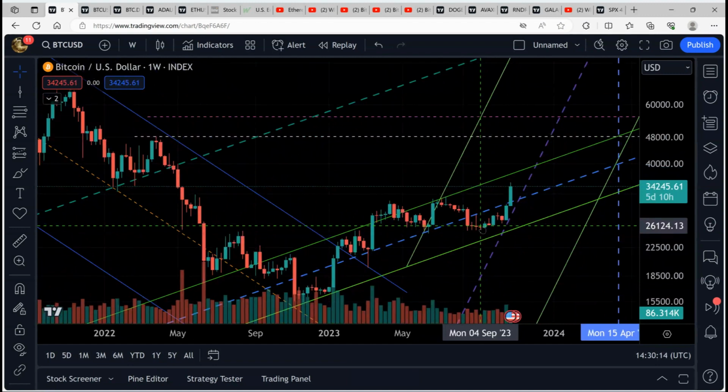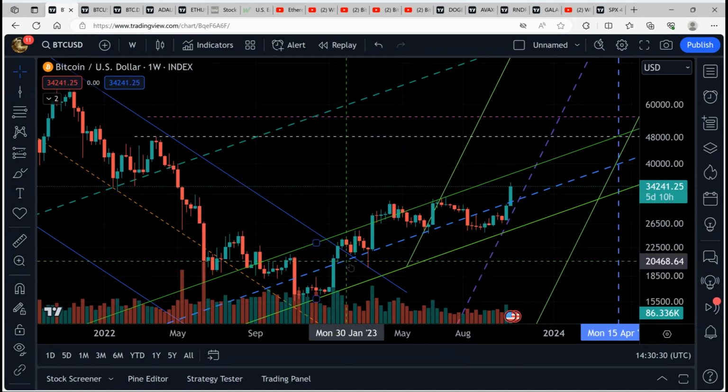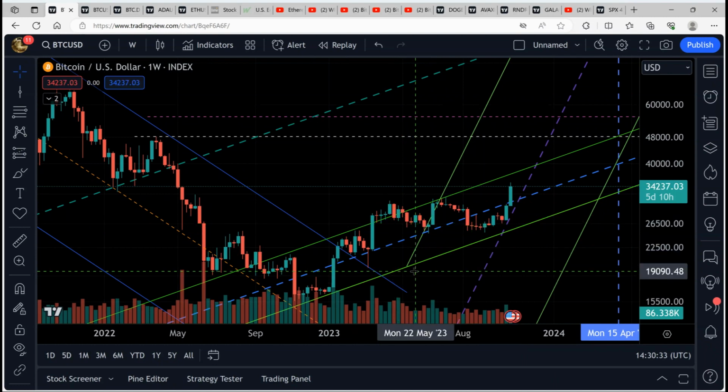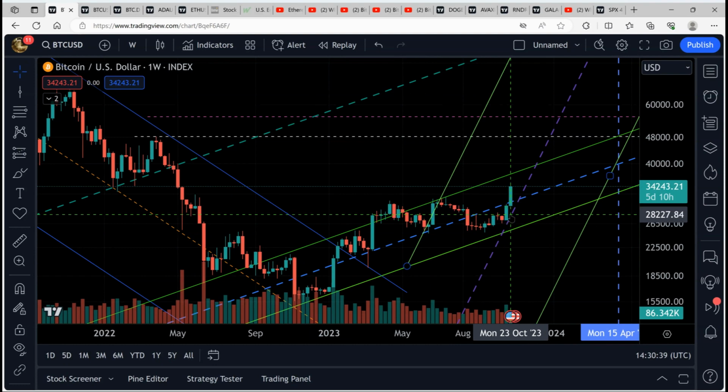You know what? I may as well talk about it now because I was wondering, if I was BlackRock, wouldn't I have been accumulating this whole time for my spot Bitcoin ETF, and not just here in October as is being reported?